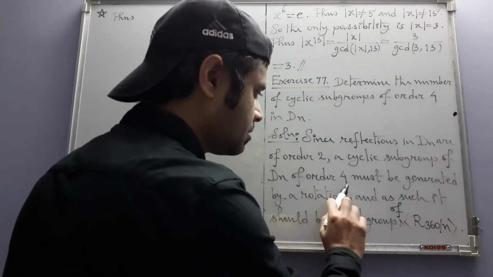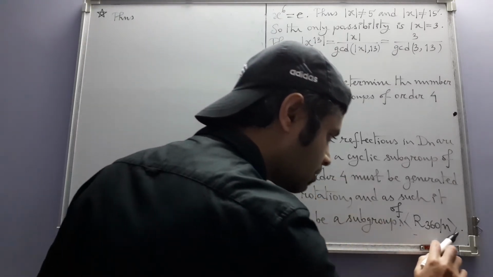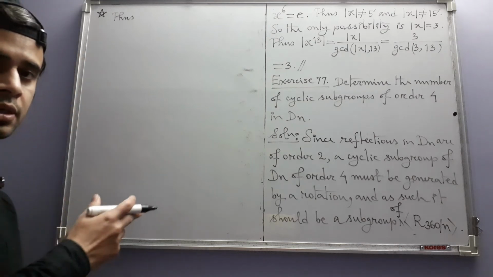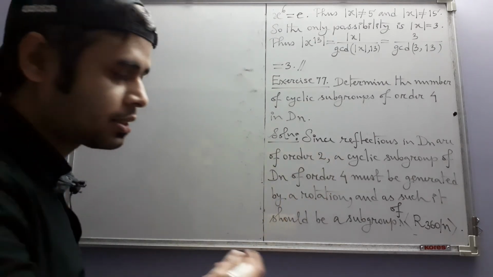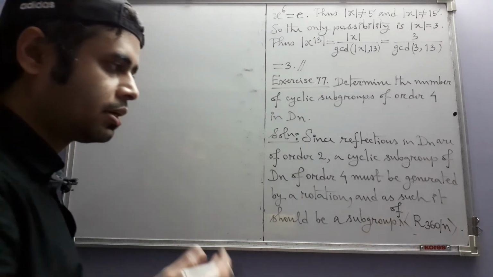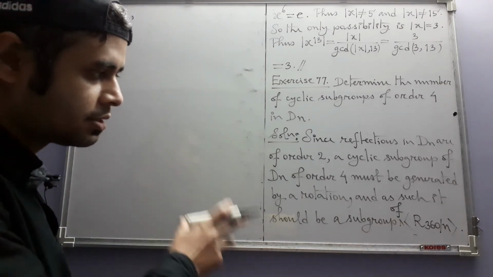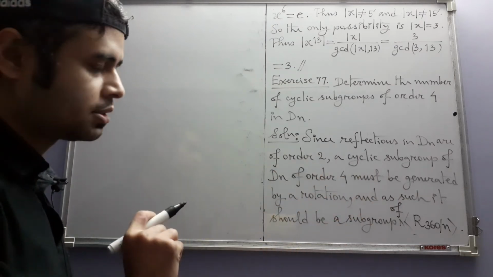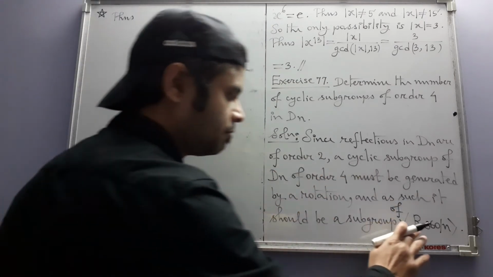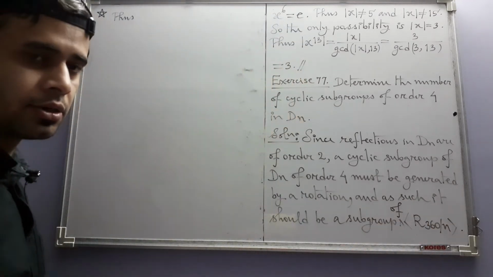In that case, 4 should divide the order of this cyclic group, because the corresponding cyclic group of order 4 is a subgroup of this cyclic group. So by the fundamental theorem of cyclic groups, its order should divide the total order of the bigger cyclic group, which is n, because there are n rotations.